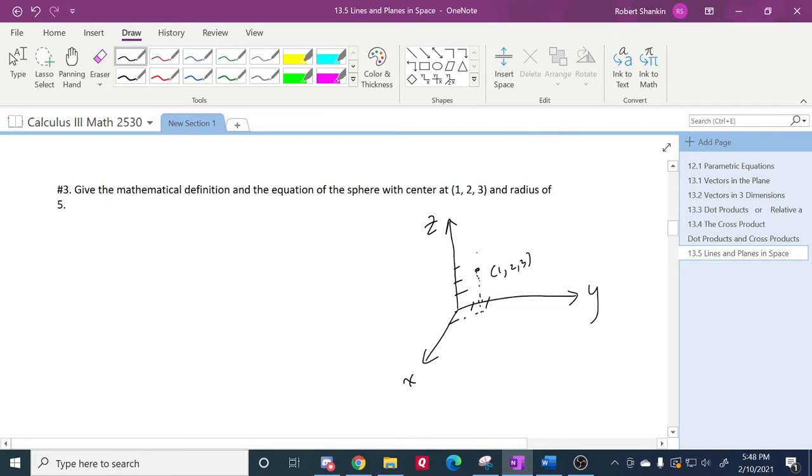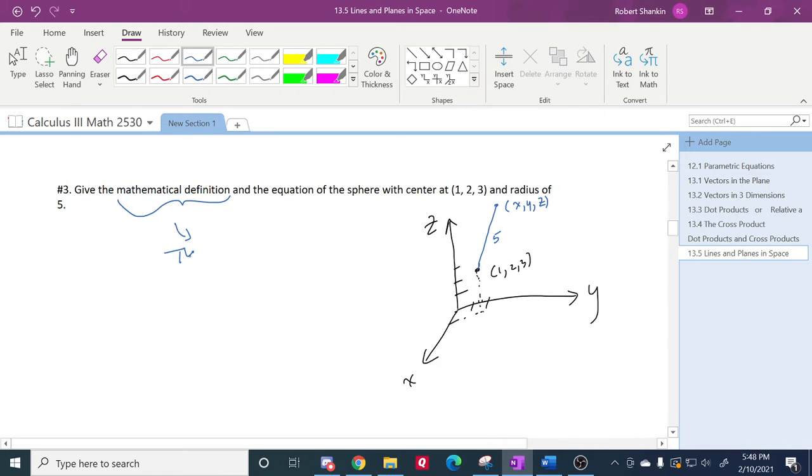Now, all points that are 5 units away, one such point could be like this, where this distance is 5. Now, we're going to call this point x, y, z. But it's kind of not fair to pick out one point and call it, because this is anywhere that is a distance of 5. All points x, y, z that are 5 units from here, that's the definition.